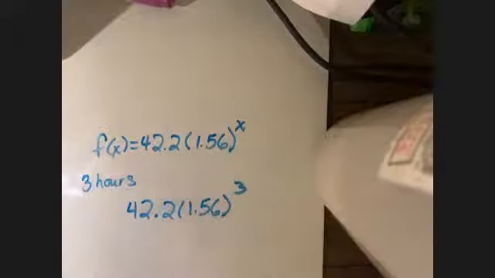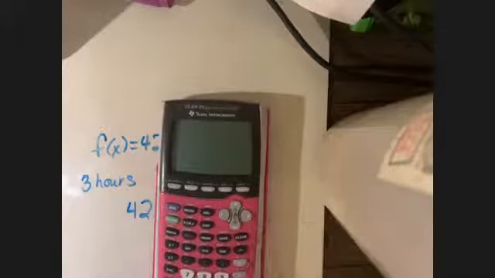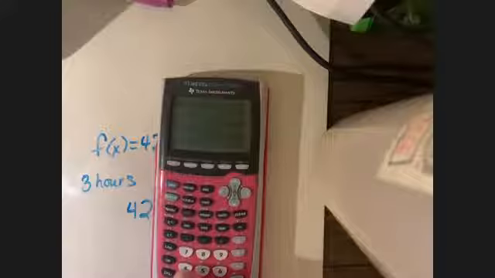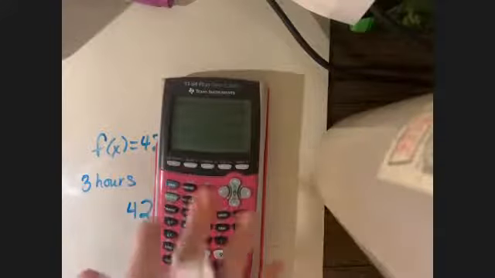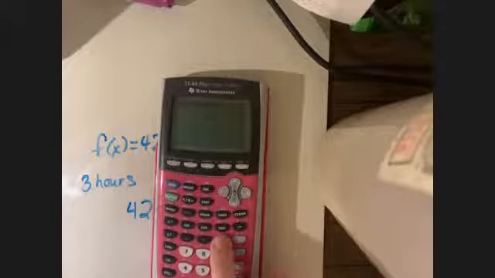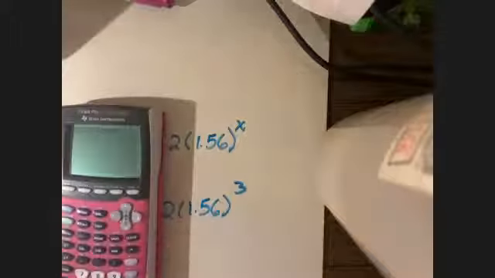Now, let's talk about how to put this on a calculator. Oh, let me clear my screen. If you're on a grapher like this, you're going to do 42.2, and then open a set of parentheses and put in 1.56, and close your set of parentheses. Let me get a little bit closer here.